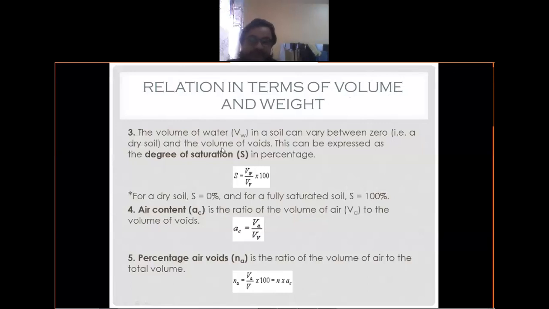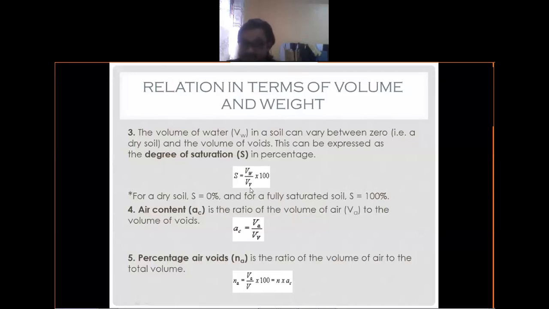The volume of water in soil can vary between 0, that is dry soil, and a maximum; we'll discuss that later. This can be expressed as the degree of saturation. Degree of saturation is defined as the ratio of the volume of water present in the void to the total volume of void, not the total volume of soil.